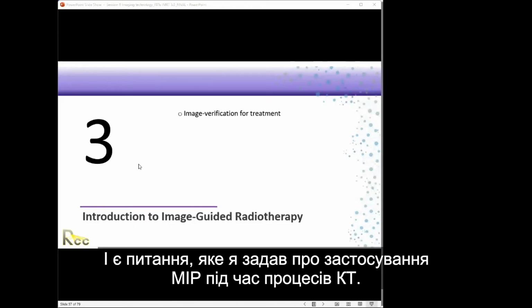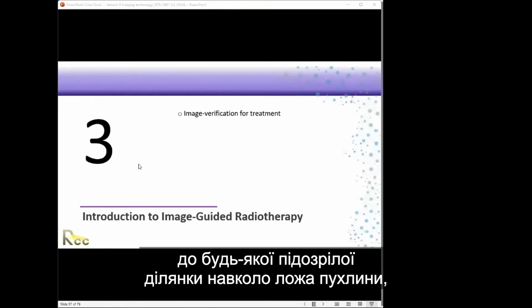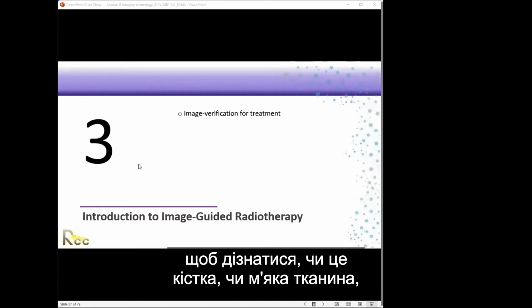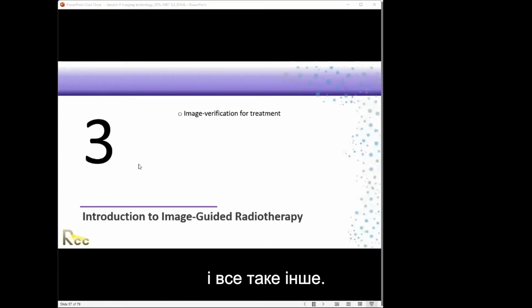Okay. And there's a question I asked about applying MIP during CT processes. What I mean by MIP is applying the maximum intensity pixels to any suspicious thing around the tumor bed to know whether it's a bone, or a soft tissue, or a calcified thing tending towards becoming bony.